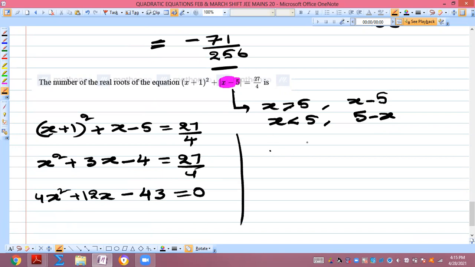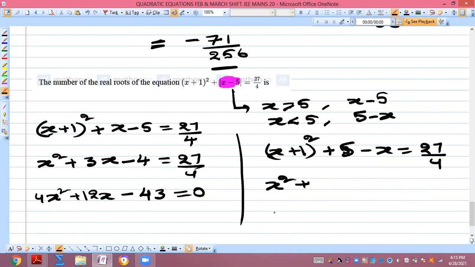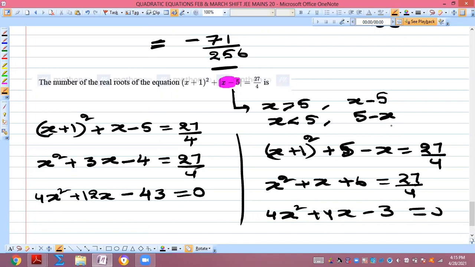Check the other equation also. That is x plus 1 whole square plus 5 minus x is equal to 27 by 4. So x square plus x plus 6 is equal to 27 by 4, so 4x square plus 4x minus 3 is 0. So this case is when x is less than 5.